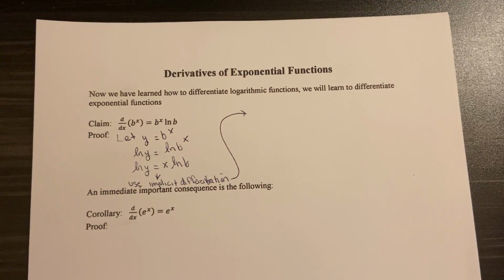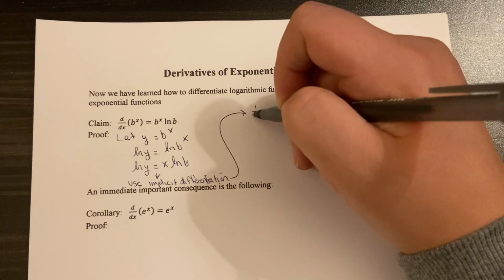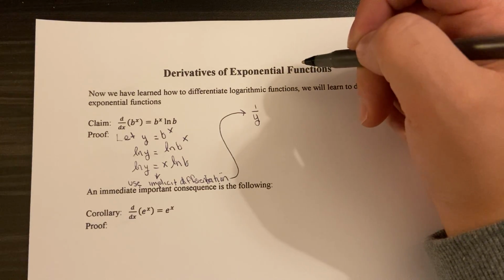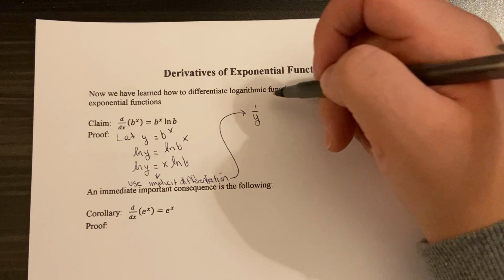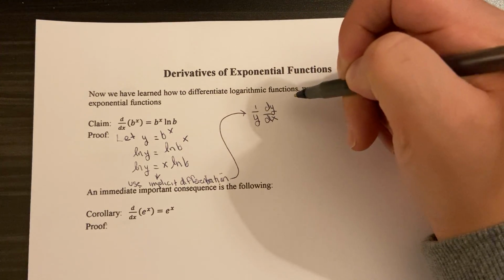Okay, so pretty much the derivative of ln of y, right, is 1 over y. But since I'm doing implicitly in terms of x, I got to add on the dy dx, right?